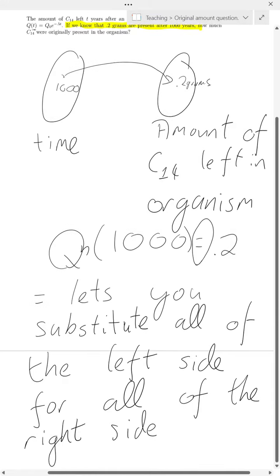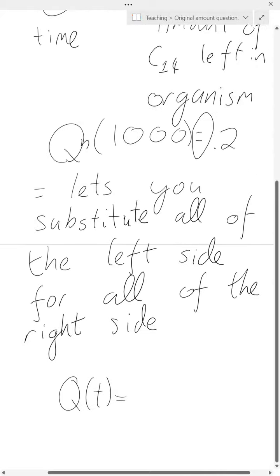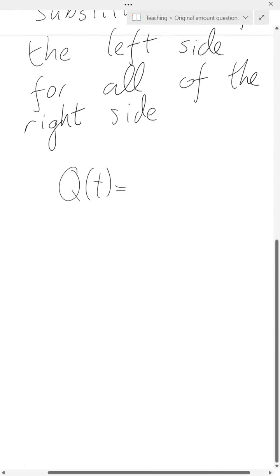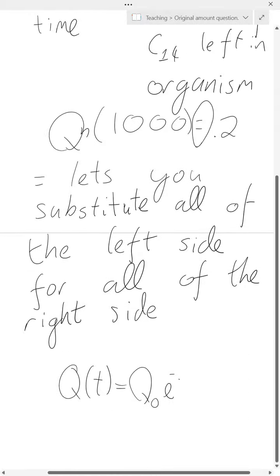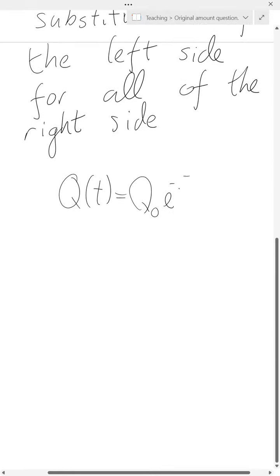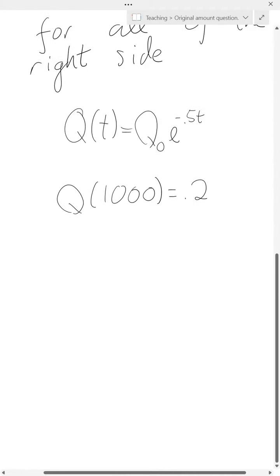So we actually have two equations now. We have Q of t equals Q0 e to the minus 0.5t, and we have Q of 1,000 equals 0.2.